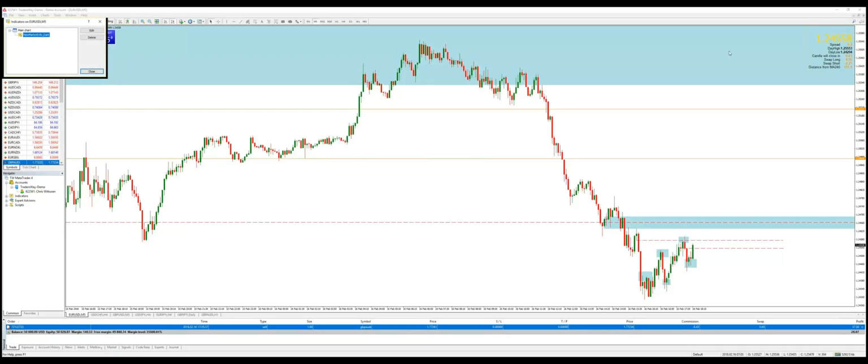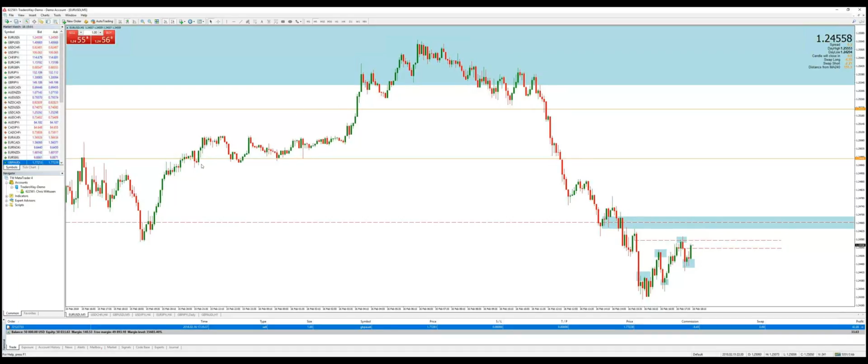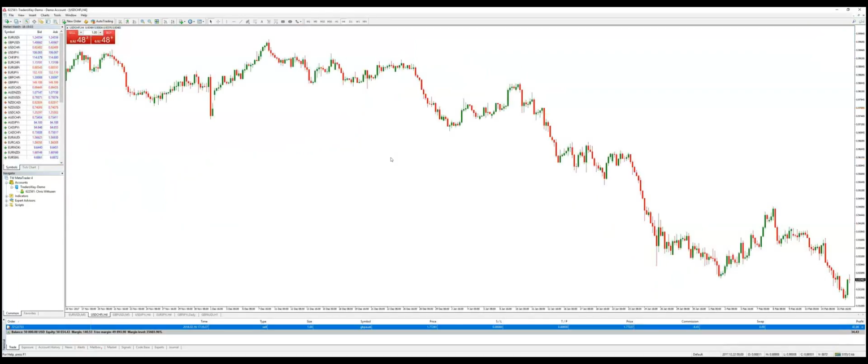Boring that way, but at least you can see it on any background. 16 seconds before candle closes. If it closes above this level, then we'll wait to see what happens at this level. And if it closes above that, well, it comes into this area. So wait and see. All right, off to the next one.